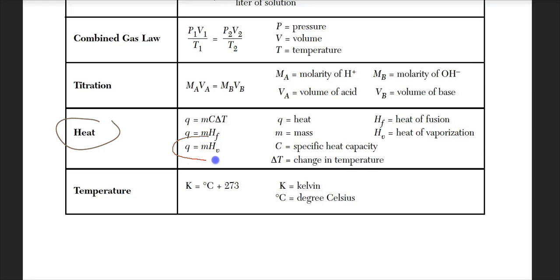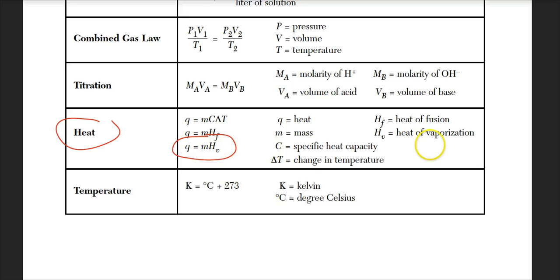Q is equal to mass times heat of vaporization. So if you knew nothing about the heating or cooling curve that I just drew to help you memorize or understand when to use these thermal equations, heat of vaporization is what they're asking, how much energy it took to vaporize something. You had to know that this is the formula you used. So you take the mass times the heat of vaporization.